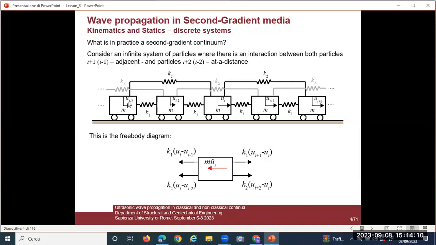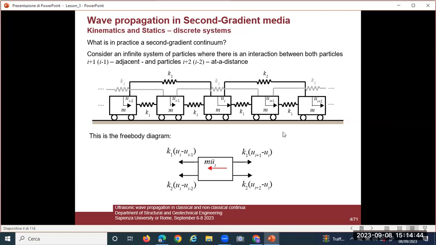This is called at-distance action because we have both a local interaction, the one expressed by the spring K sub 1, and an at-distance interaction, expressed by the spring K sub 2. Generally, this interaction is not taken into account, and this K sub 2 is very small.